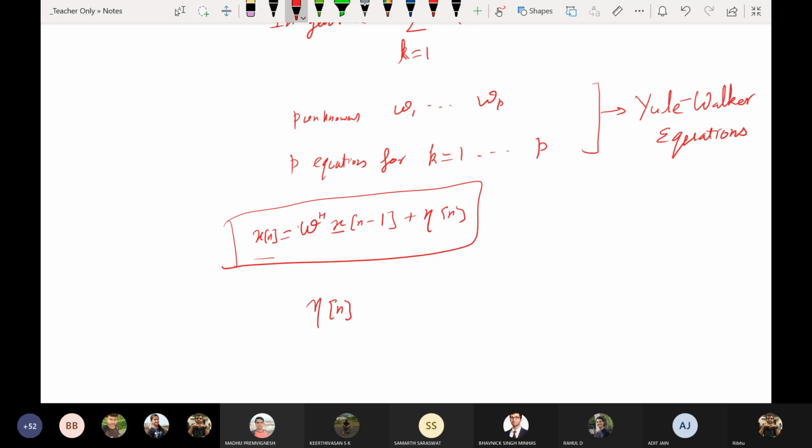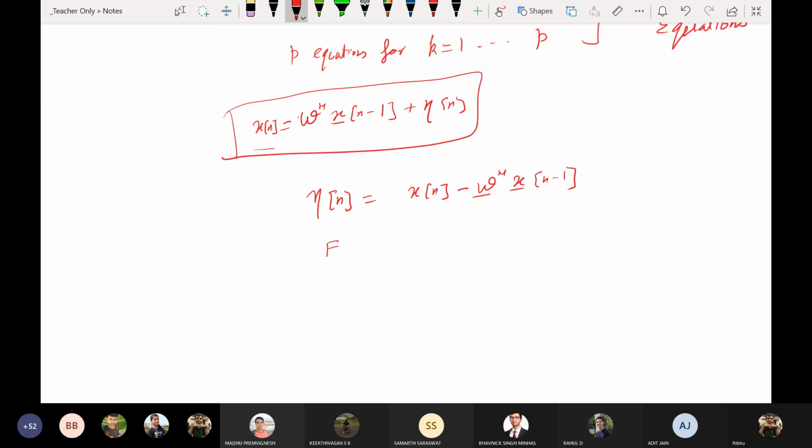Eta n equals x n minus W Hermitian, right?